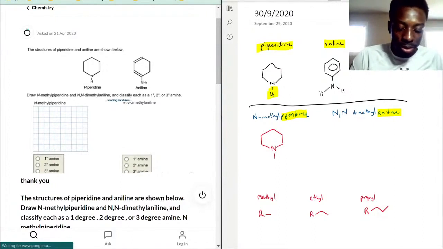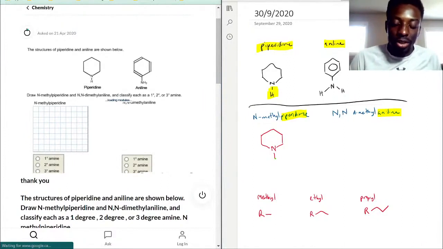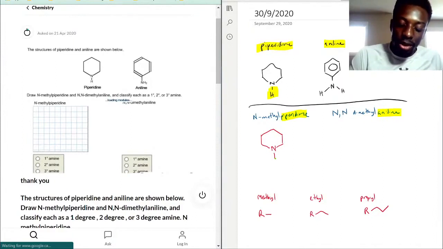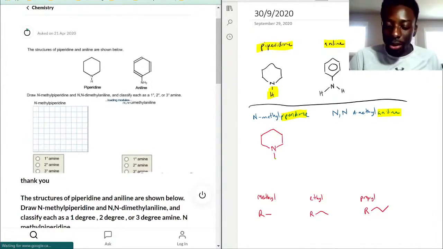So it looks very similar to the picture, but now instead of saying it's an H, you just draw that line, because this line right here signifies that there's a CH3 bonded to it. So the carbon is bonded to the nitrogen, followed by it being bonded to 3 hydrogens to fulfill that 4 structure. And now let's go into N,N-dimethylaniline.